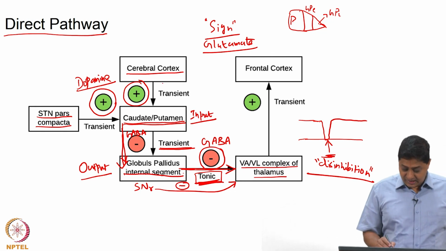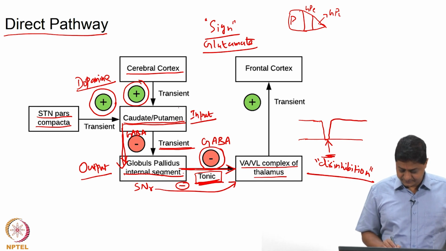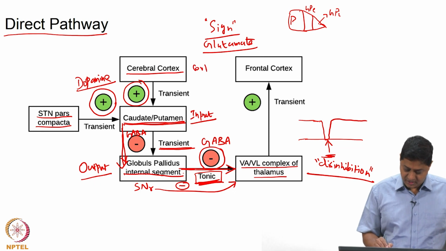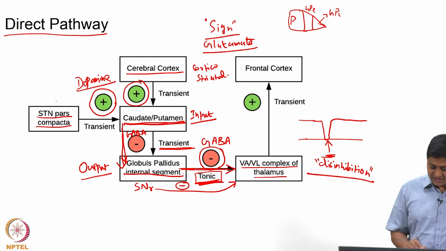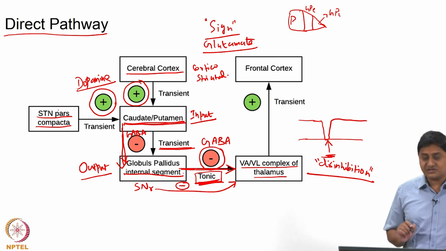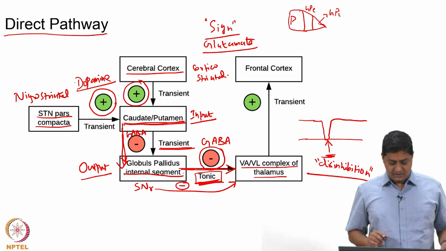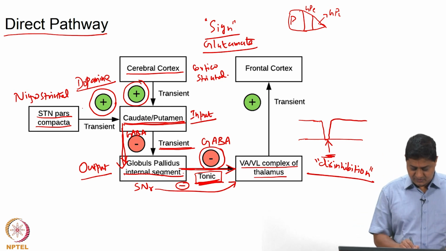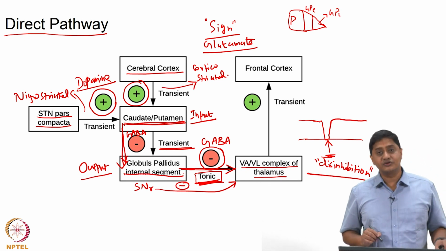The pathway from the cortex to the striatum is called the corticostriatal pathway, and the pathway from the substantia nigra pars compacta to the striatum is called the nigrostriatal pathway.